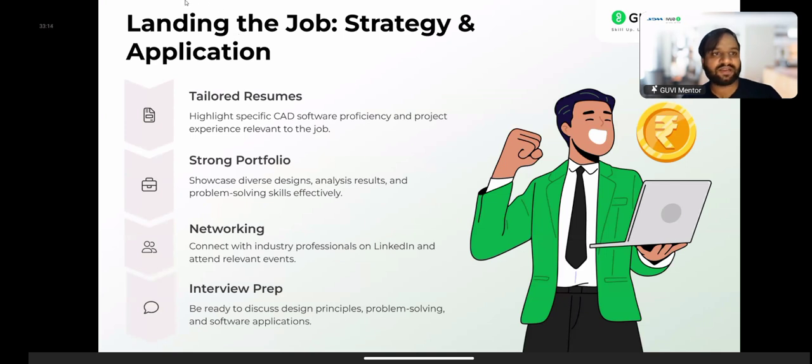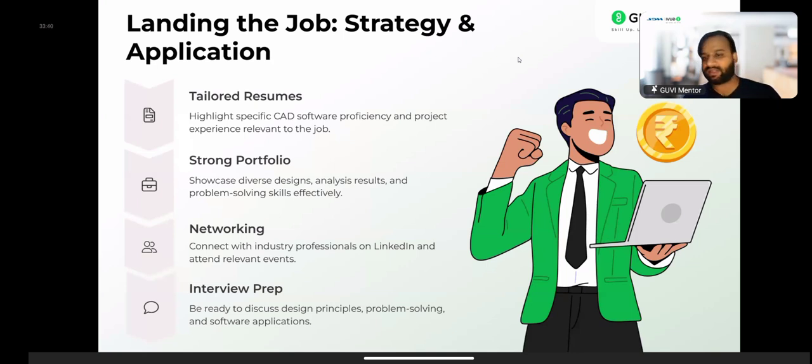Moving on to the next slide. As I told you about LinkedIn, this is landing the job: strategy and application. Here you can see tailor resume, strong portfolio, networking, and interview preparation.